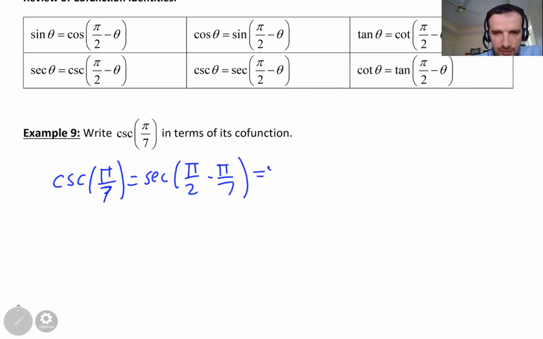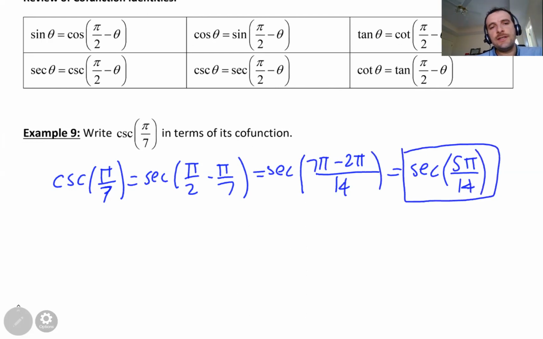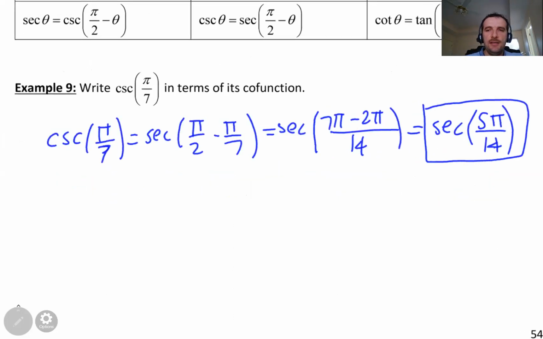Let's have the common denominator: I multiply 7 over 7 here, giving 7 pi, minus 2 over 2 here, giving 2 pi, over the common denominator 14. So it is secant 5 pi over 14. So cosecant pi over 7 is secant 5 pi over 14, because pi over 7 plus 5 pi over 14 is pi over 2.